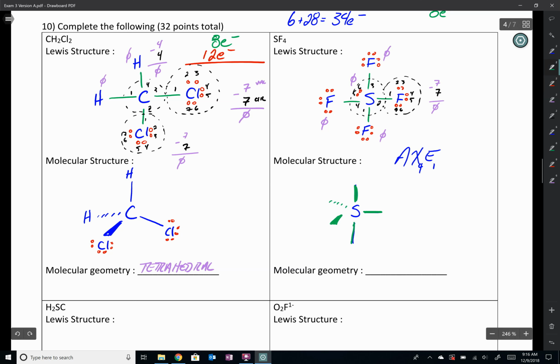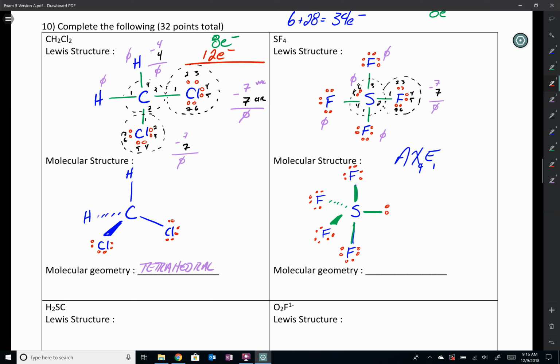There it is, okay. So let's just put our lone pair here. Then we can fill in the rest of this. Fantastic. One of the finest looking molecular structures I've ever seen in my life.